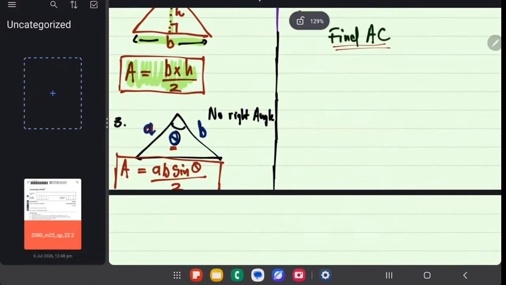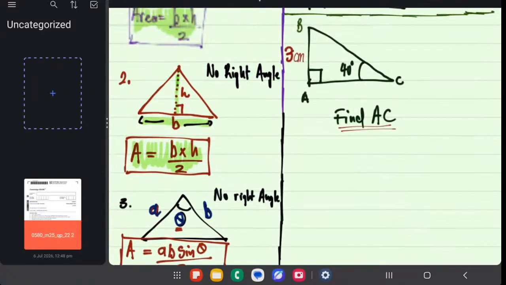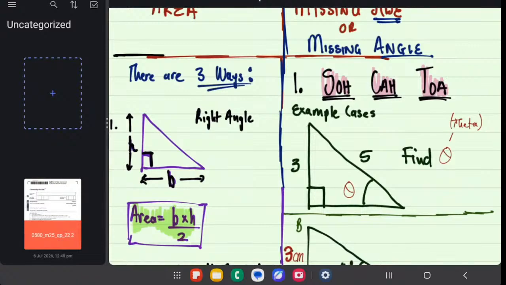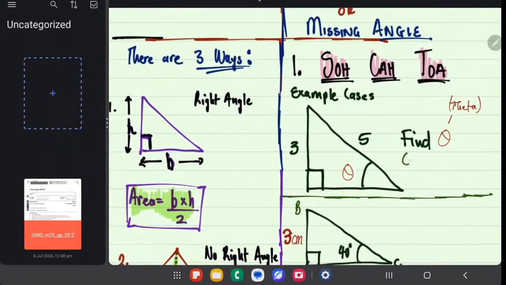Then this one, you multiply the 2 sides and sine theta and divide by 2. But now we are finding here theta, which is a missing angle. Do you agree with me that we are finding a missing angle here?